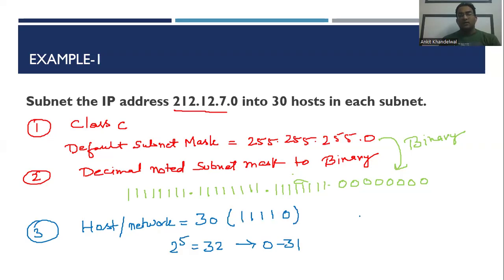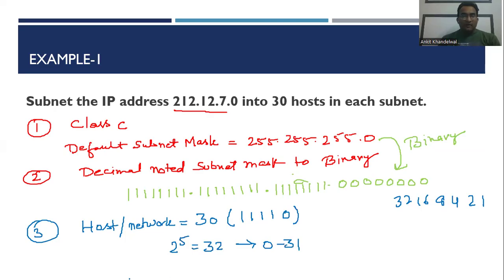How do we come to know that? You can easily convert this decimal number 30 to a binary format in this way. We have 1 2 4 8 16 and 32. That is 2 to the power 0, 2 to the power 1, 2 to the power 2, 2 to the power 3, 2 to the power 4, 2 to the power 5. Okay. So these are a total of 6 bits.